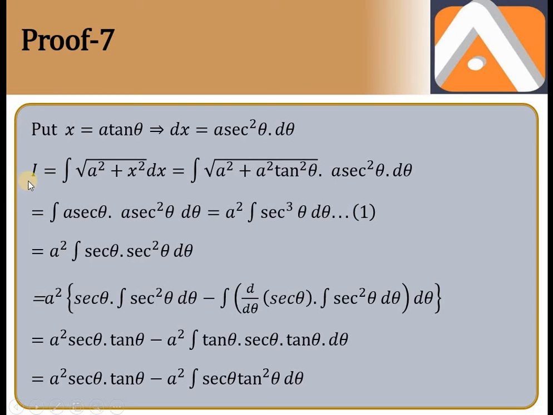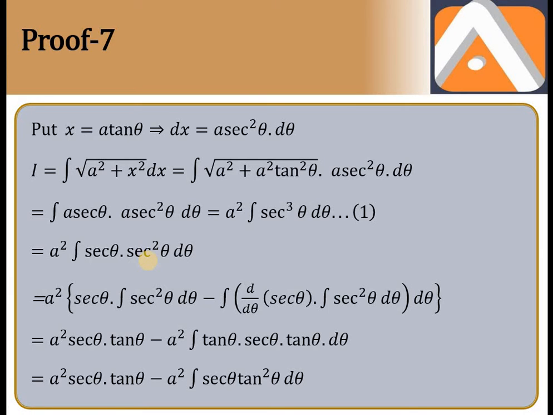So this integration I have taken as I. So I is equal to a square into integration of secant cube theta d theta. This secant cube theta I am splitting into sec theta into secant square theta. Now this function I am taking as u, this function I am taking as v. See, integration of sec theta you also know, integration of sec square theta you also know.